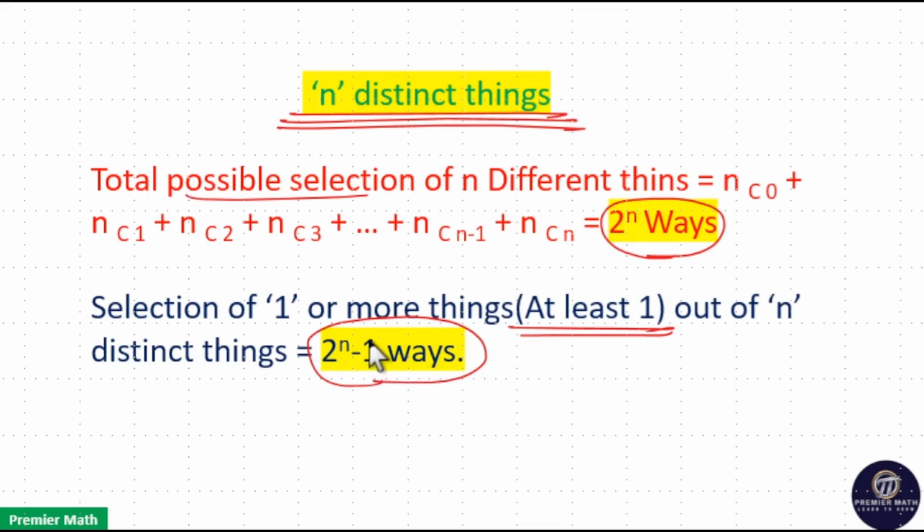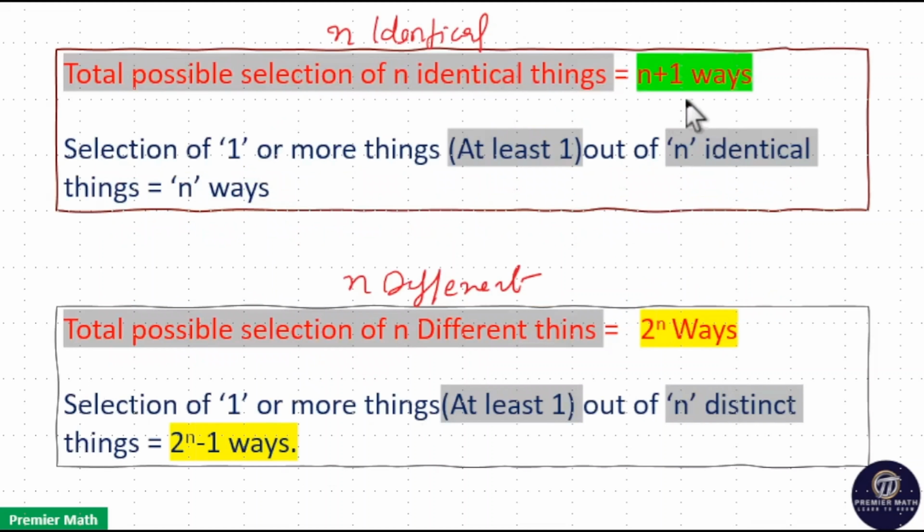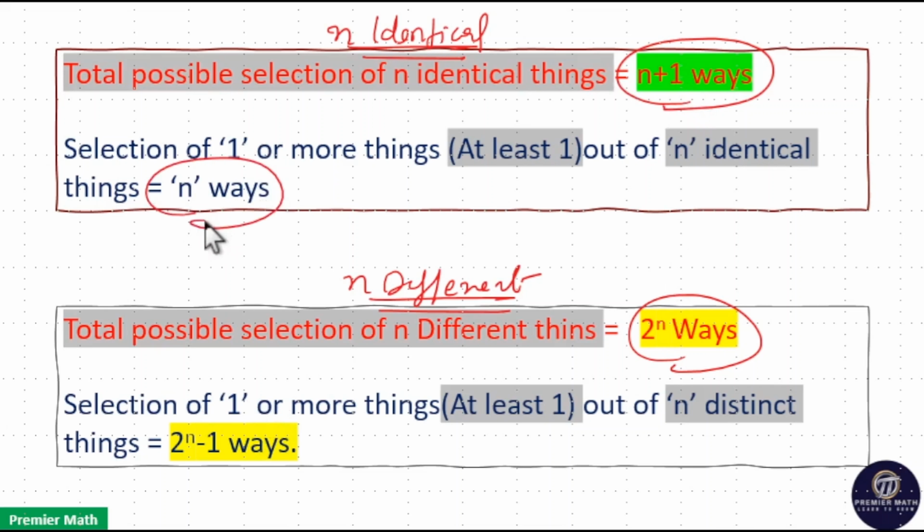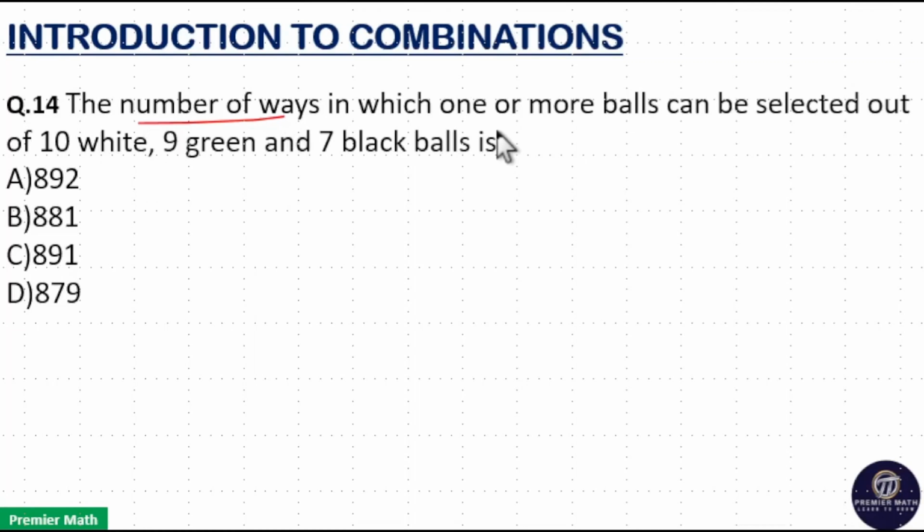So subtract 0 selection, that is 1, from 2 raised to n. Just remember n plus 1 for n identical things and 2 raised to n for n different things. Then if you subtract 1 from these two, you will get n ways and 2 raised to n minus 1 for at least 1.